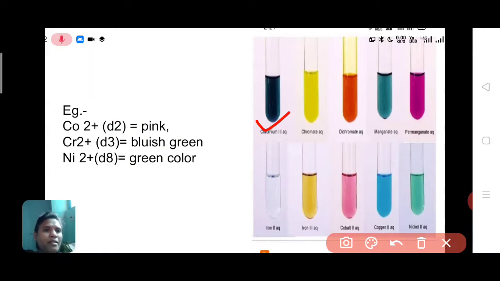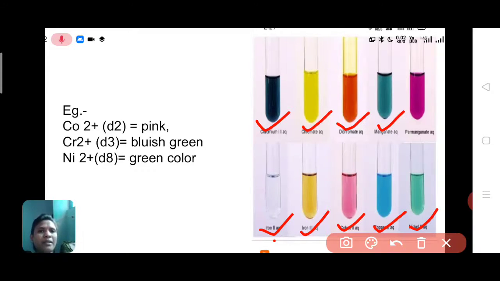Chromate shows yellowish color. When dichromate ion is there, then it shows reddish color. Okay, when manganese is present in some particular oxidation state it shows greenish color. Iron plus 2 shows a colorless solution, iron plus 3 shows yellowish color, cobalt plus 2 shows pink color, copper plus 2 shows bluish color, nickel plus 2 shows greenish color.